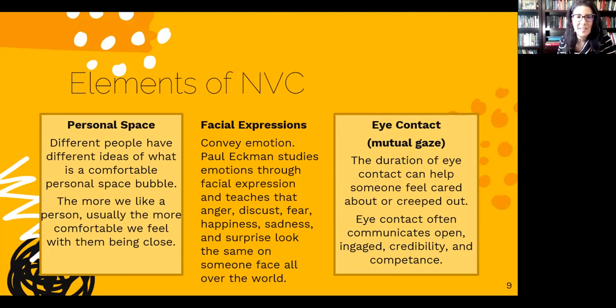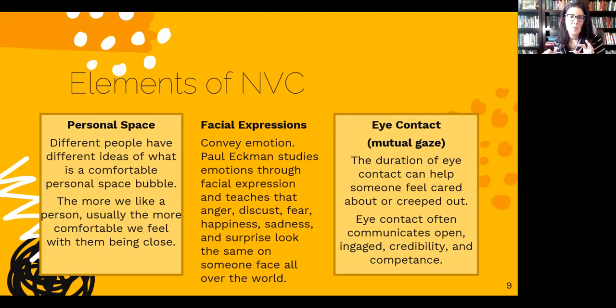Facial expressions convey emotion. Again, we're going to look at a video about Paul Ekman, but he studies emotion through facial expressions. And he teaches that these primary emotions, anger, disgust, fear, happiness, sadness, and surprise, look the same in every culture, at every age around the world.